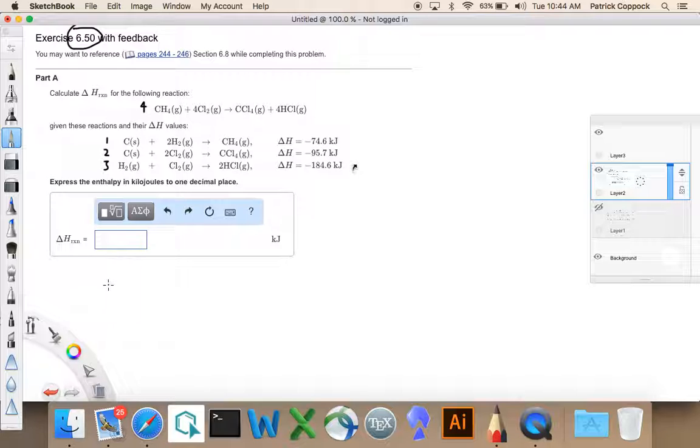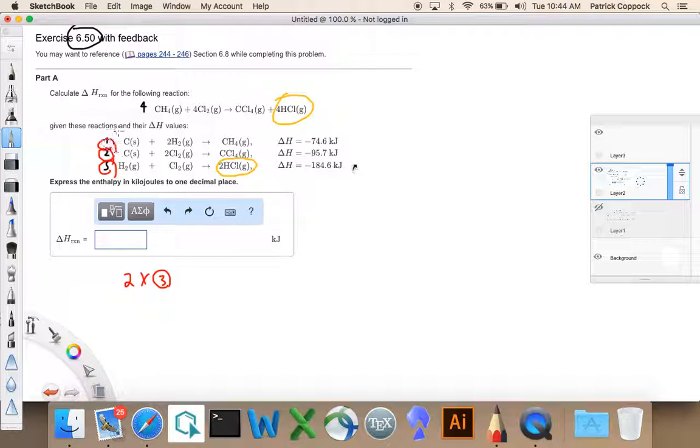So it looks like in reaction 4, I am going to produce some HCl's. In order to produce 4 HCl's, let me get a different color here, I'm going to have to use reaction 3. And it looks like I'm going to have to use 2 times reaction 3.